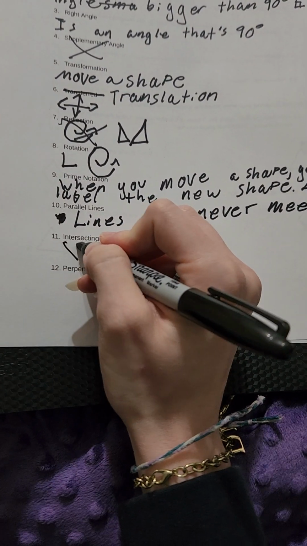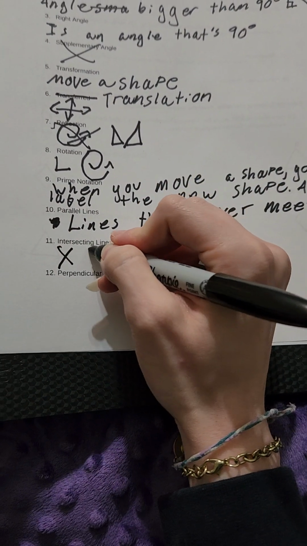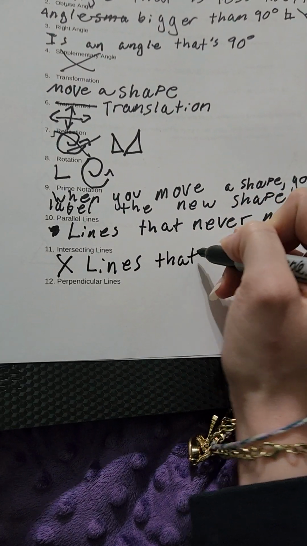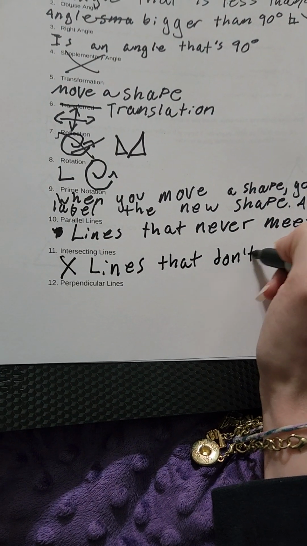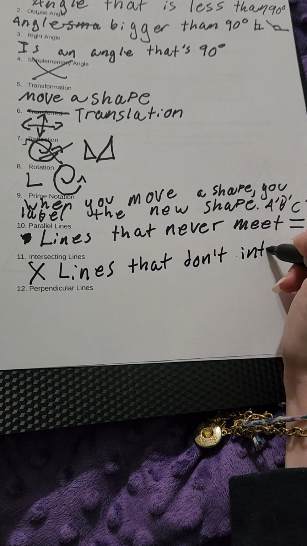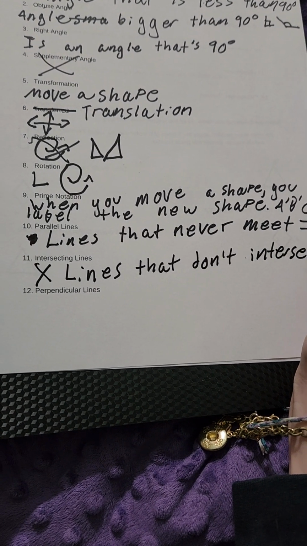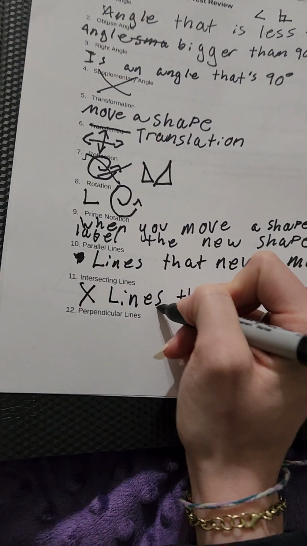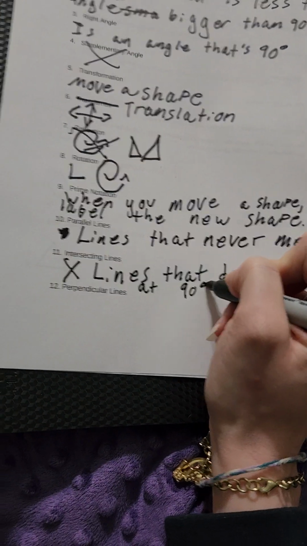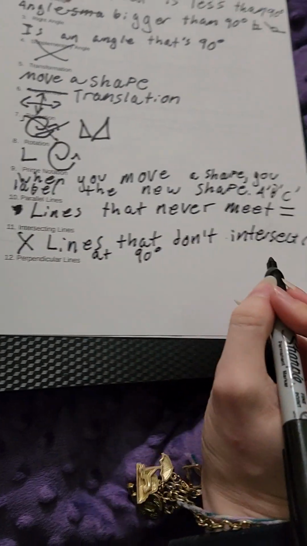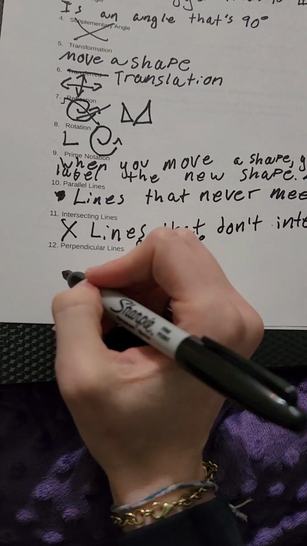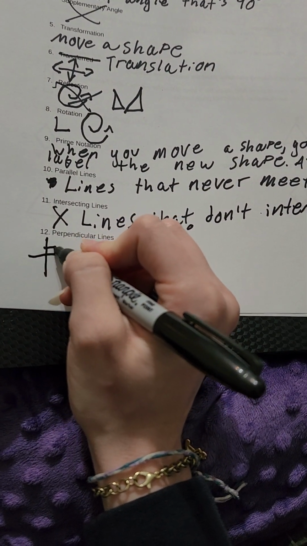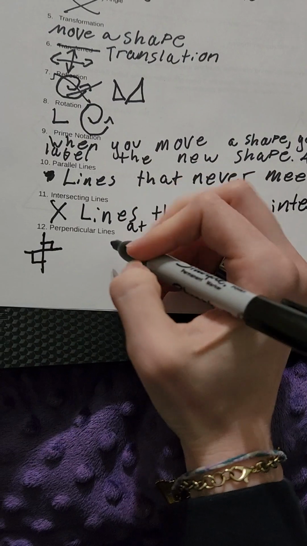Intersecting lines. You can draw it like this. We can know that at 90 degrees, which is important, because perpendicular lines do intersect at 90 degrees.